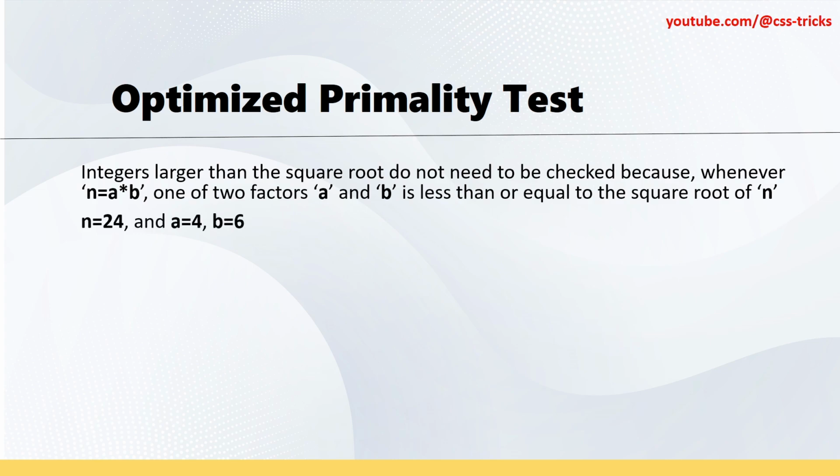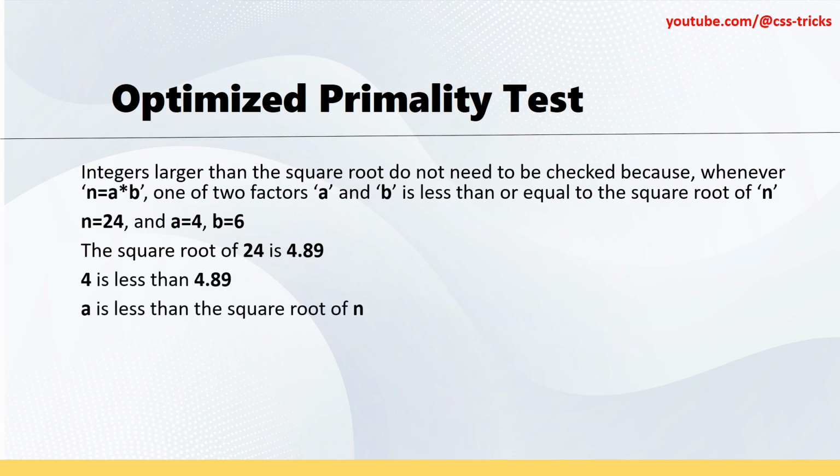Take n equal to 24, a equals 4 and b equals 6. The square root of 24 is 4.89. 4 is less than 4.89. a is less than the square root of n. Take n equal to 35, a equals 5 and b equals 7.